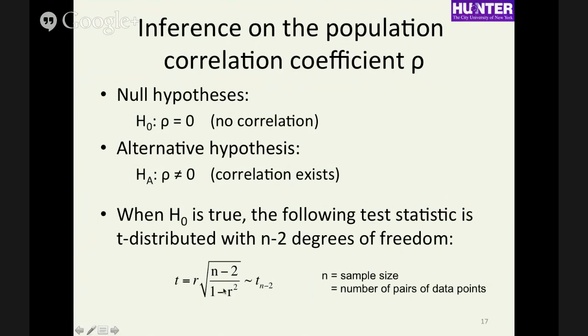You calculate this: sample size n-2 over 1 minus Pearson correlation squared, take the square root of that, and multiply that by the Pearson correlation coefficient. It just turns out that under the null hypothesis of no association between the variables, it's t-distributed with n-2 degrees of freedom.